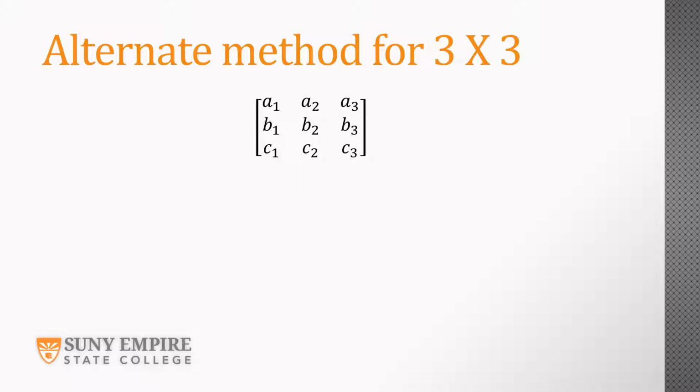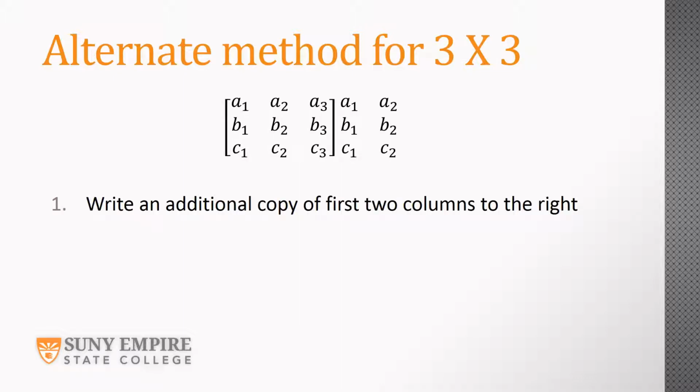Suppose we have the same generic matrix, A equal to A sub 1, A sub 2, and A sub 3, then B sub 1, B sub 2, and B sub 3, then C sub 1, C sub 2, and C sub 3. To find the determinant, first we copy the first 2 columns to the right of the matrix.